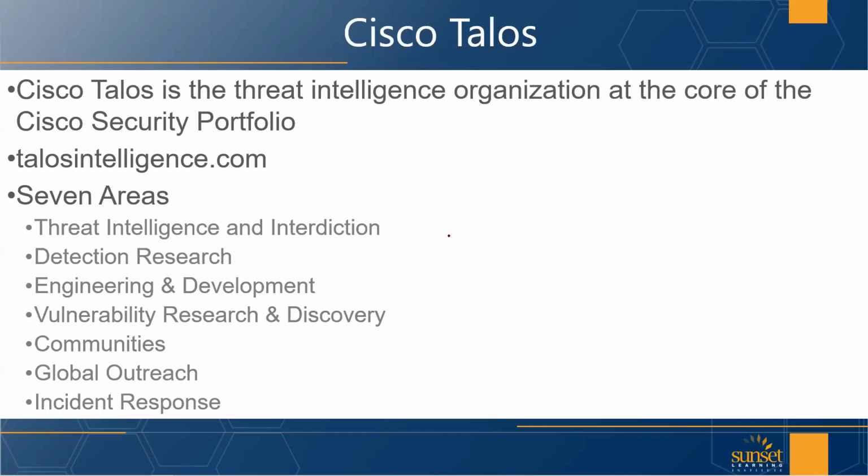They also have incident response. So it's a highly skilled organization. There are other organizations out there too that do this. Talos comes free with your firewall, but there are other organizations, Threat IQ, Alien Vault, that we will talk about when we talk about CTID.